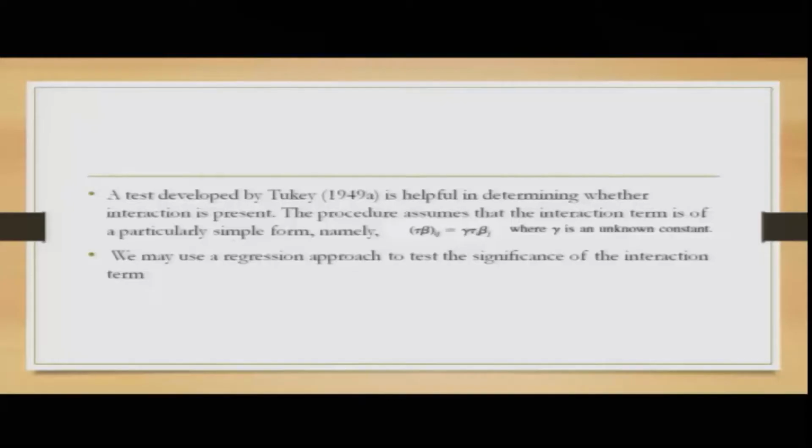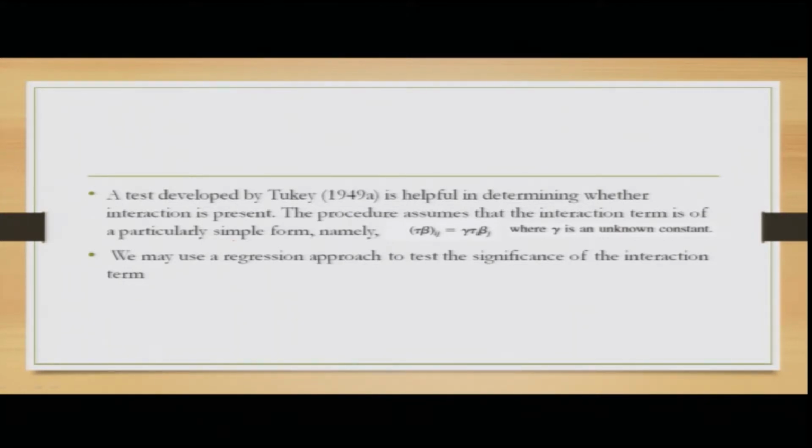A test developed by Tukey. We remember Tukey's test is helpful in determining whether interaction is present. The procedure assumes that the interaction term is of a particular simple form. The interaction is given by tau beta suffix i j. So, basically I will consider them to be dependent on each other.